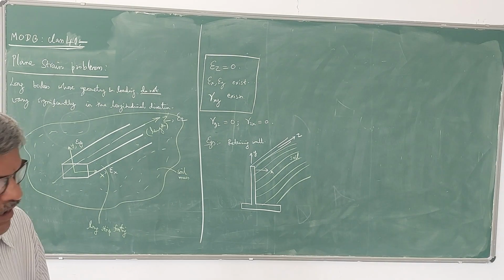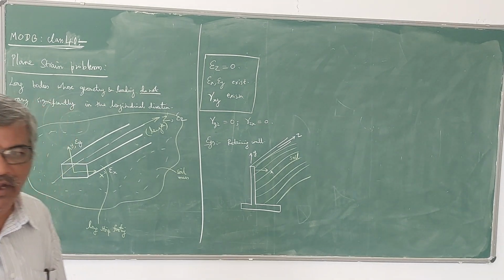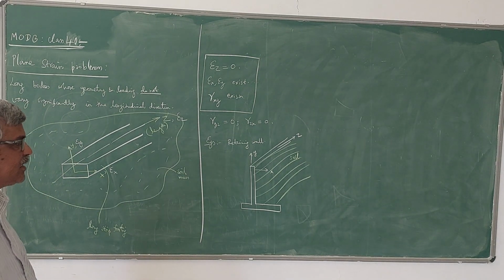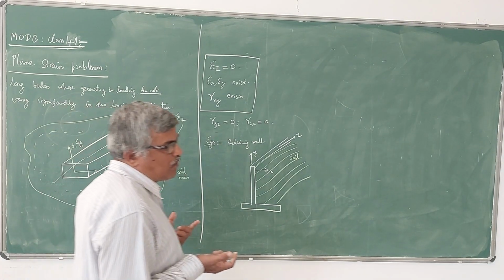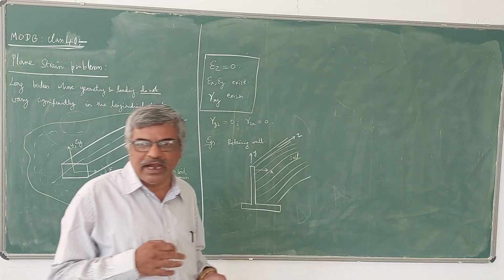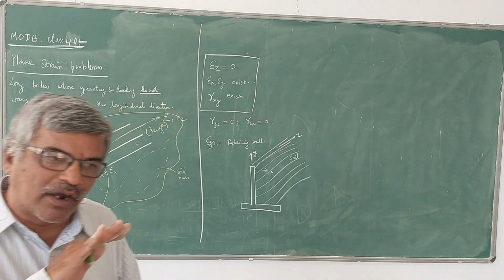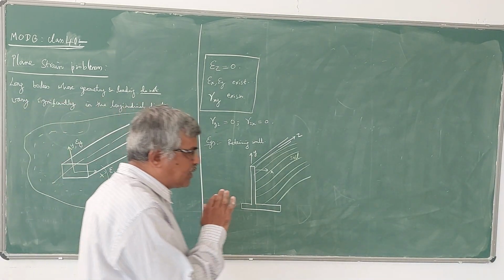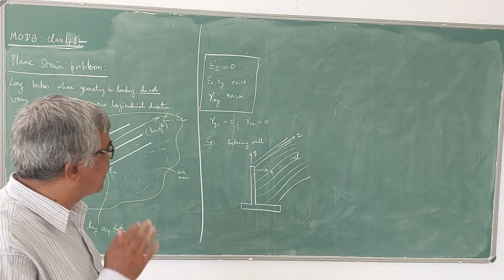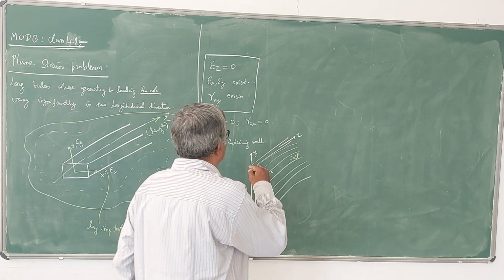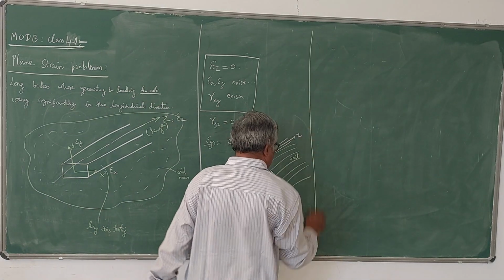That is the meaning. Similarly, you can take a long pipe with some liquid flowing within it, or an earthen dam. In an earthen dam also, water will be there on one side. The loading of that water on the earthen dam does not vary much along the length of the dam. That is why that direction is taken along the length of the dam. So these are the examples.